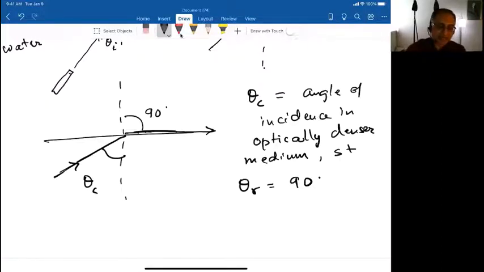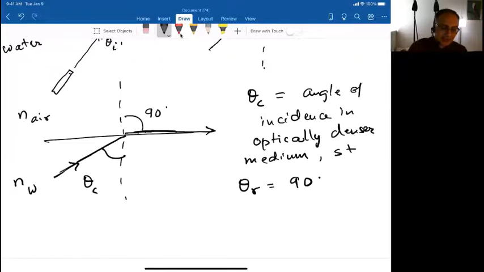We can actually calculate the critical angle quite easily by applying Snell's law. Let's call these n air and n water, so it's easy to remember what is what.